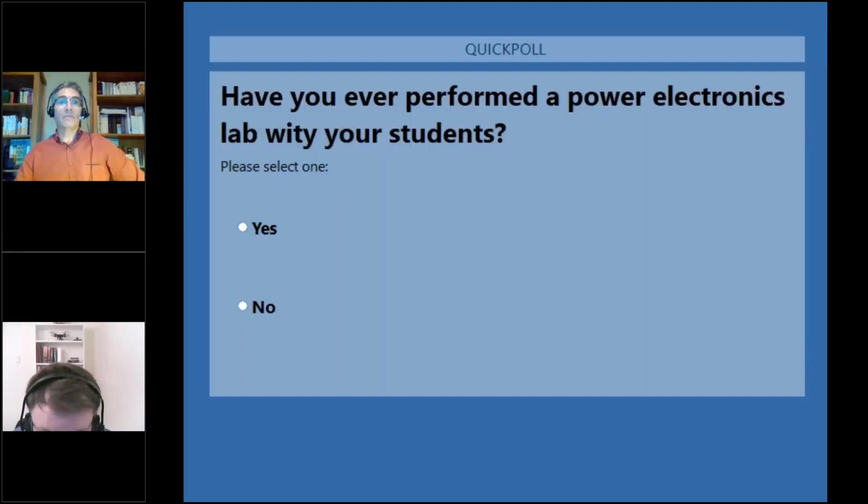The next poll is for those of you who are teachers: if you ever had a chance to perform a lab with your students about power electronics, like we will do together today.